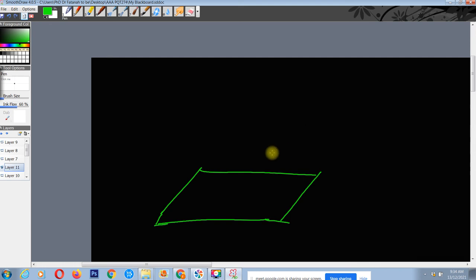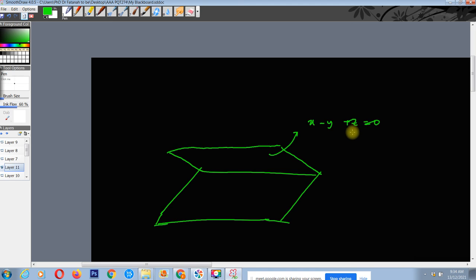So we have another two planes. The first plane is x minus y plus z equals 0.